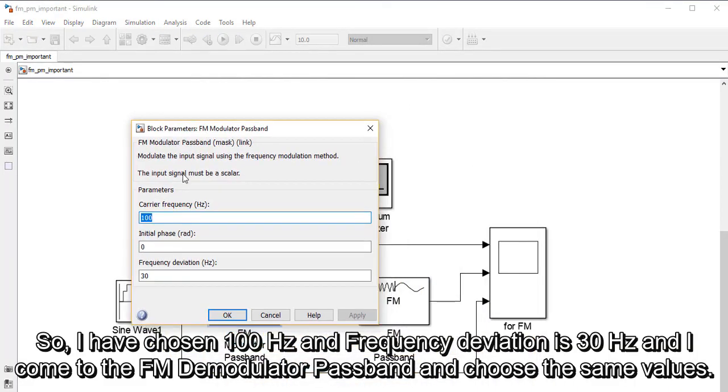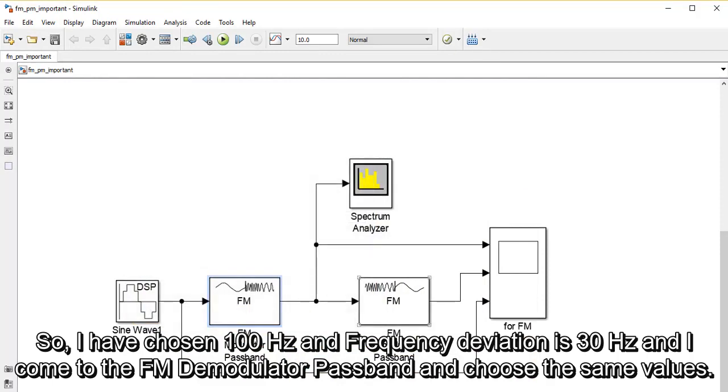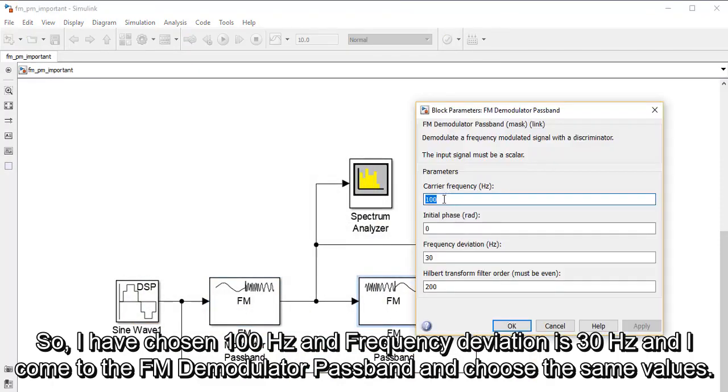So I have chosen 100 as a carrier frequency and 30 as a frequency deviation. I will come to the FM demodulator passband and choose the same values. Now my carrier frequency is 100, my frequency deviation is 30.